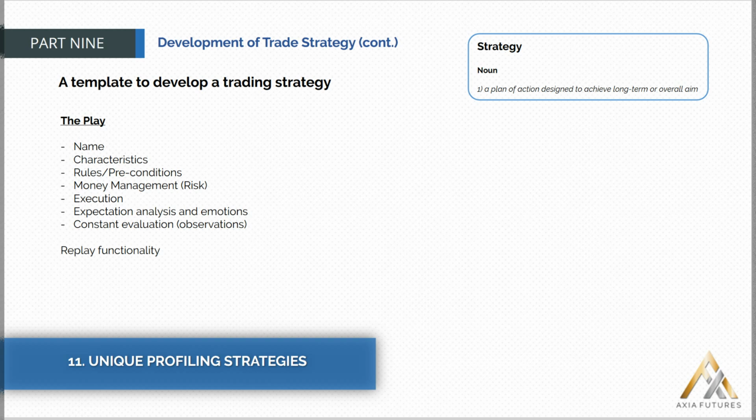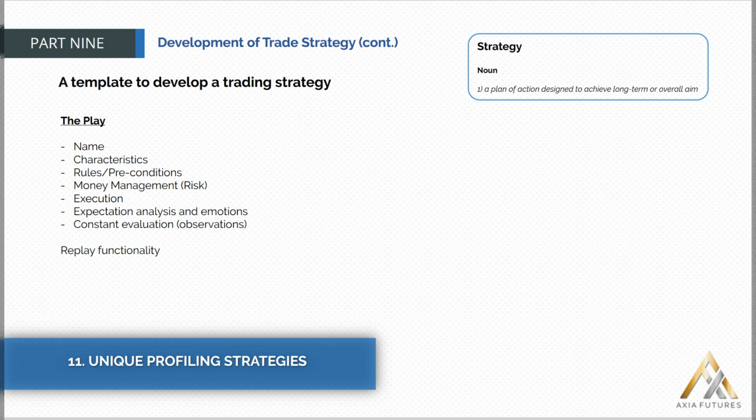So before we begin the series of 11 unique trading strategies, let's take a look at a template which you can utilize and which I'm going to utilize in the slides and strategy development ahead. So first and foremost, remember, name the play. What is it called? The unique name. What are the characteristics about this play? What are the rules and preconditions for this play?